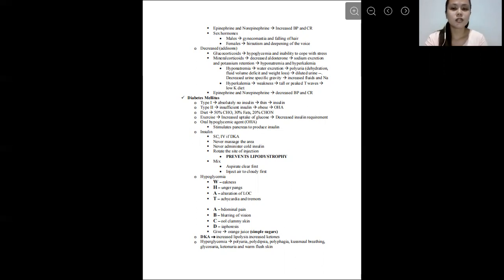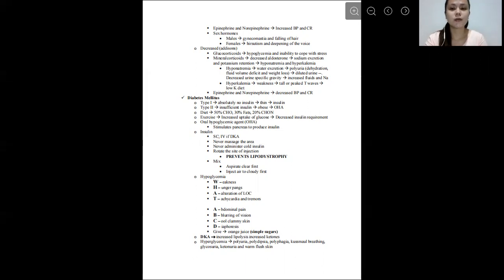Then A is alteration of LOC, because glucose functions as fuel in the human body. If our glucose level in the bloodstream is not enough, our body will not function well, so it will affect our level of consciousness.